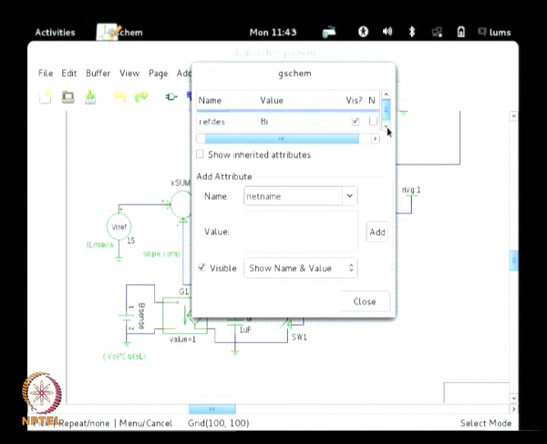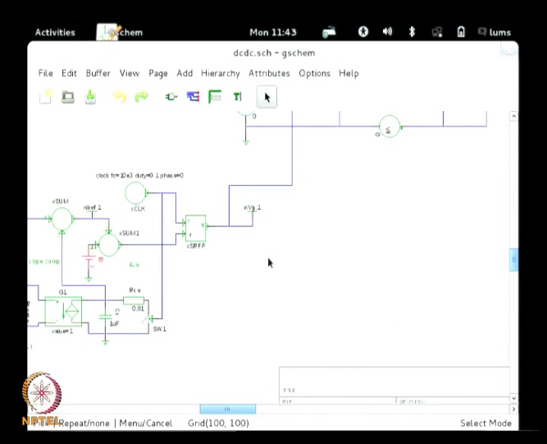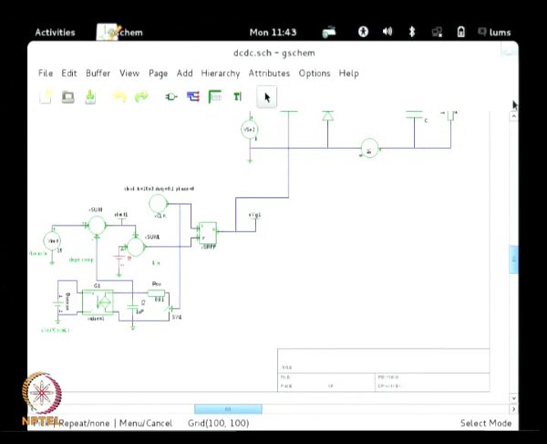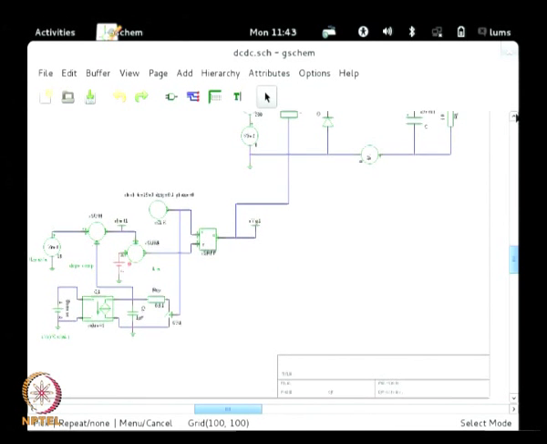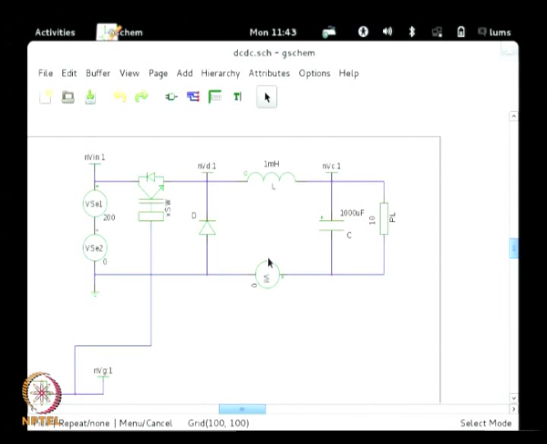You see the equation here is a voltage which is proportional to the inductor current, the VIL source. And what is that VIL source? It is something like this. This is the VIL source. So, a voltage which is proportional to the current that is flowing through this. It is acting like a current sensor.